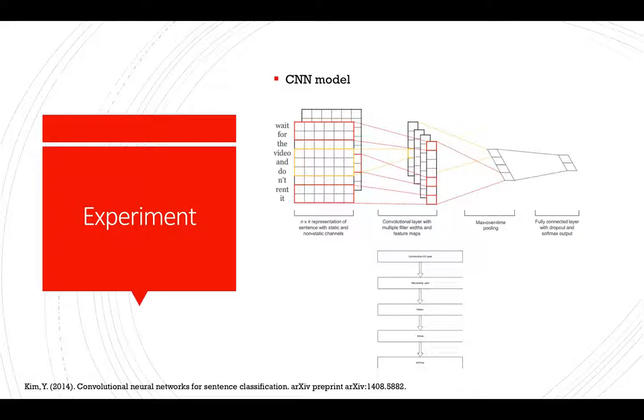Since Kindermans claim their approach works well on linear models, I also chose a very simple CNN module that only contains one convolutional 2D layer, and then uses a max pooling layer and a dense layer to get the results.